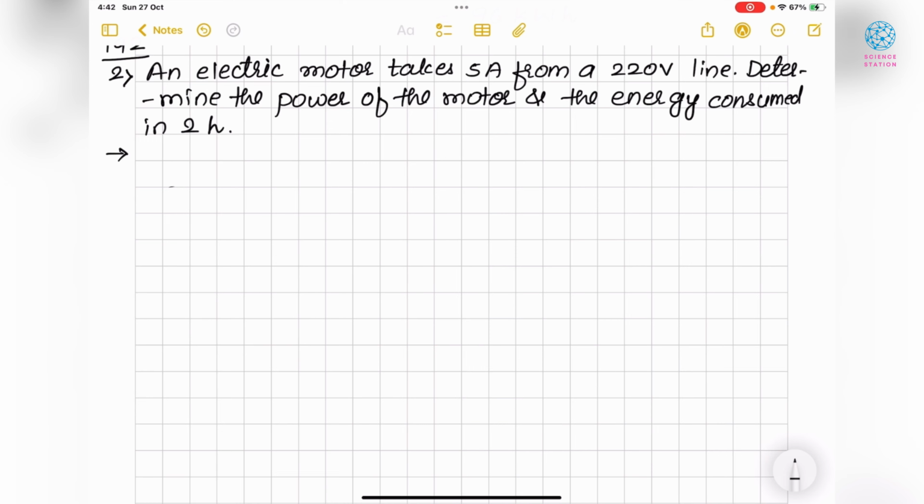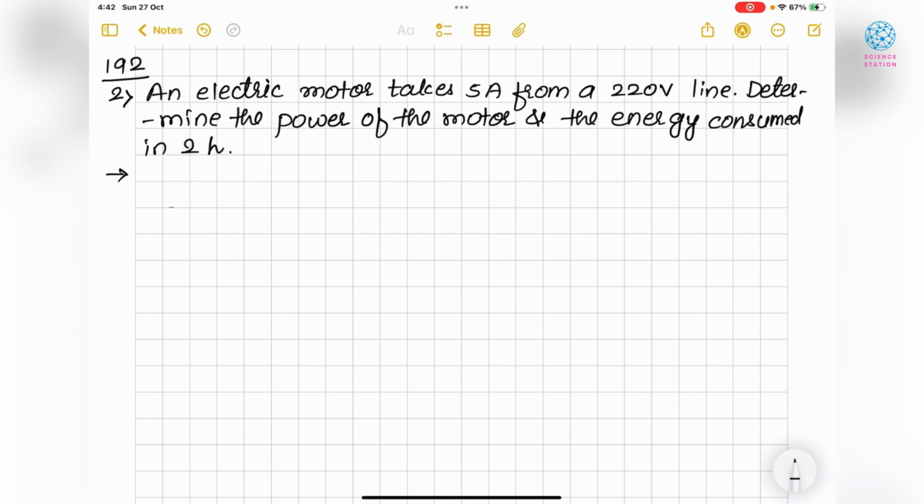Now the numerical on page 192 says an electric motor takes 5 ampere from a 220 volt line. Determine the power of the motor and the energy consumed in 2 hours. So I equal to 5 ampere, then potential difference V equal to 220 volt.